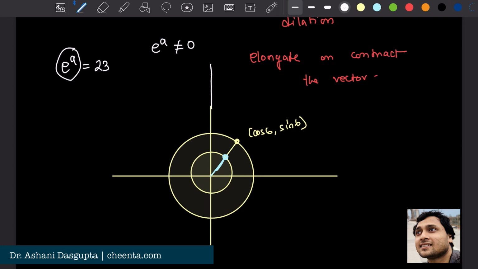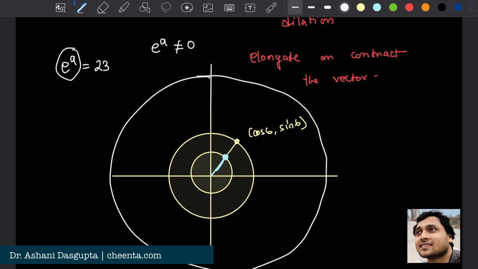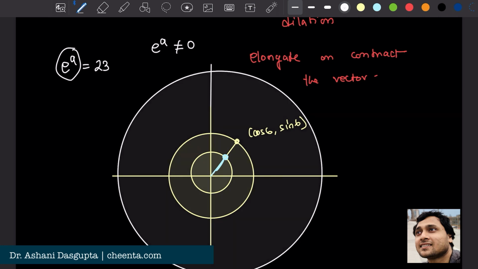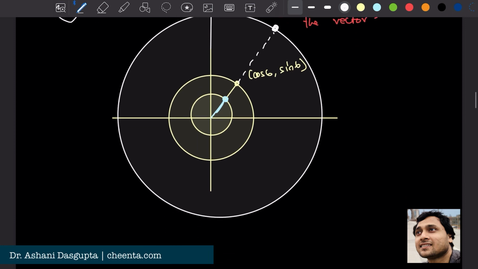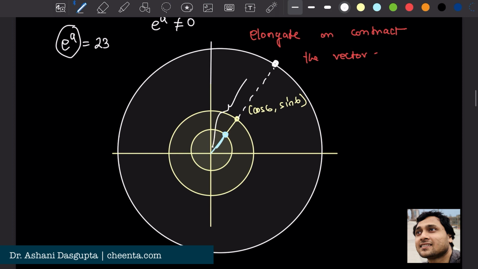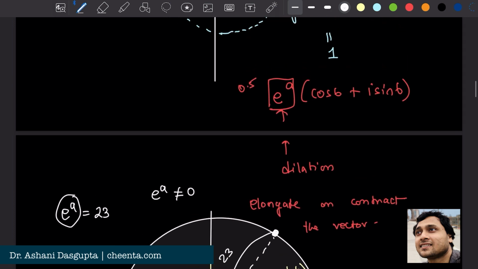Well, then you'll get another circle whose radius is 23, and now the same point will be here. So you see what's going on. This radius is 23, of course. Multiplication by e to the power a simply changes the radius of the circle on which this point is.